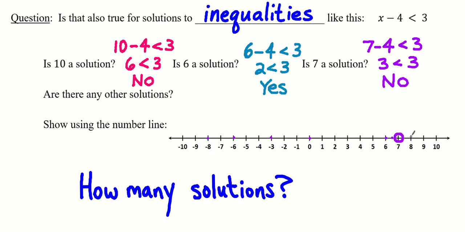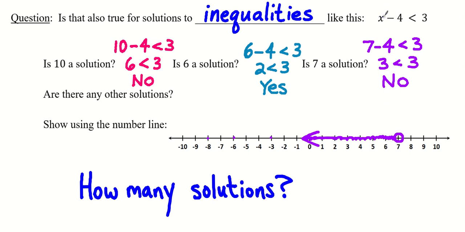We leave it open to represent that 7 is not actually a solution. We're not coloring it in, we're leaving it empty. Then we can shade or put a line, whatever your style is, heading to the left with an arrow on it. So this is the graph of basically anything less than 7.